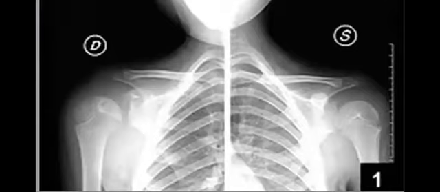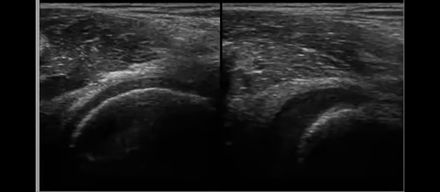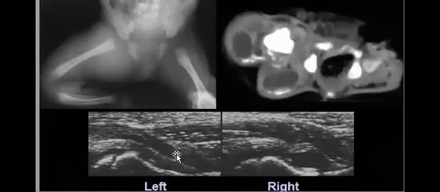And when you do the ultrasound, again you can see the septic arthritis, and you can see the appearance difference between the right and the left. So it is very important to have it in your differential when you suspect effusion, and to go for ultrasound and make aspiration.